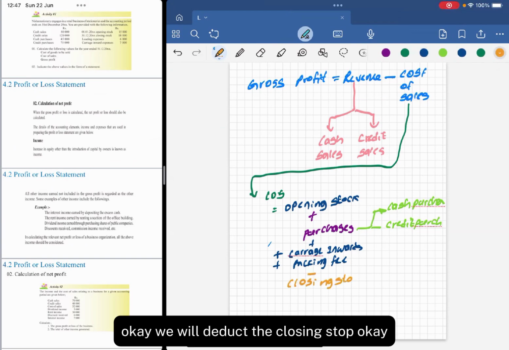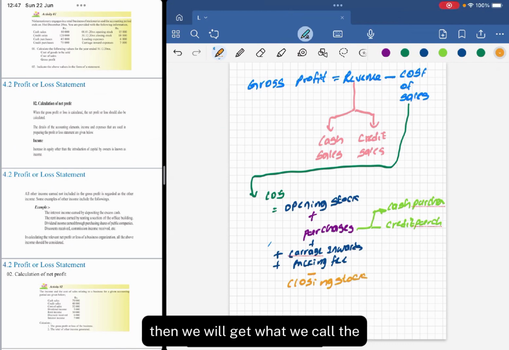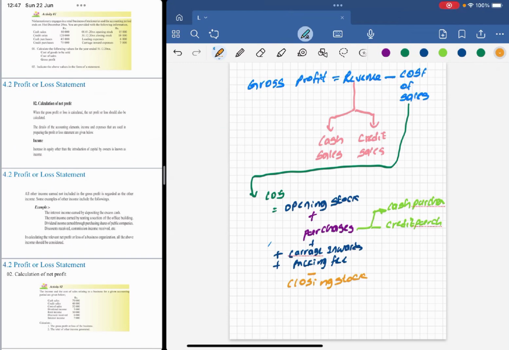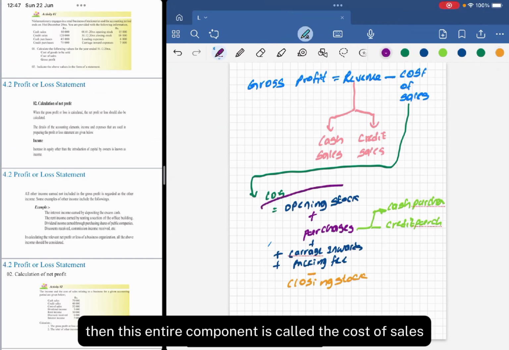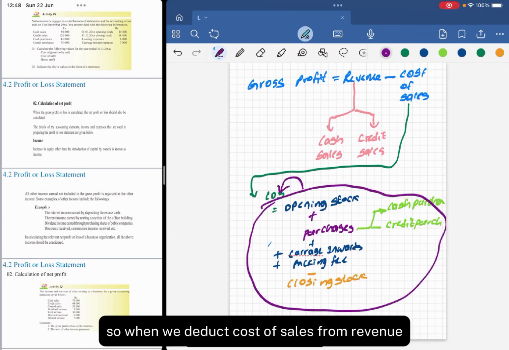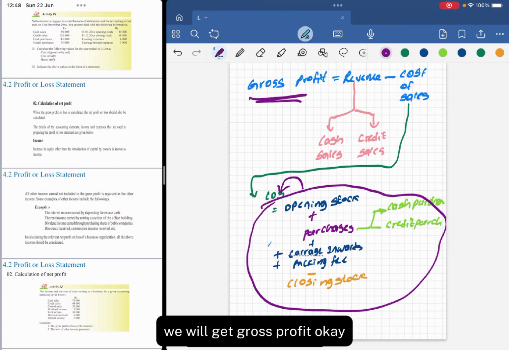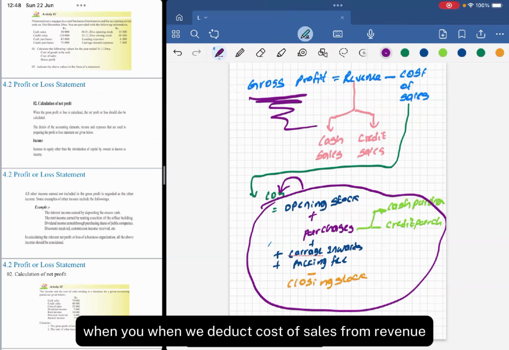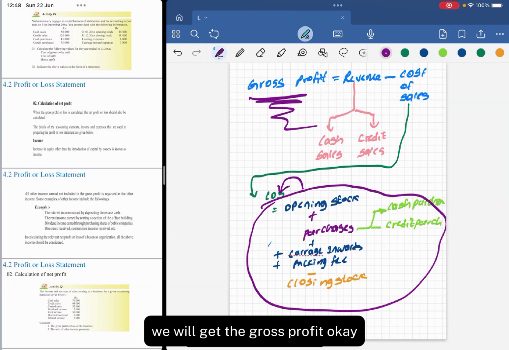Then this entire component is called the cost of sales. So when we deduct cost of sales from revenue, we will get gross profit.